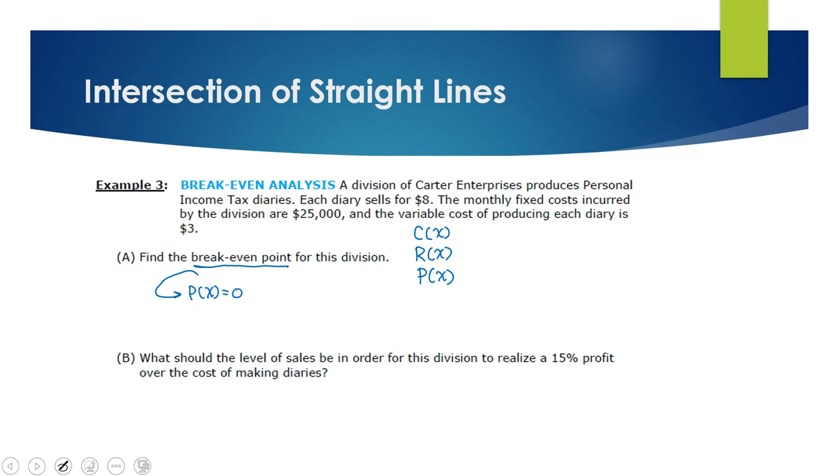No profit, and a negative profit would mean a loss, so I don't have that either. So the costs: a fixed cost of $25,000 and a variable cost of producing each diary of $3. So it's $3 for each diary, and I'm going to let x be the number of diaries.